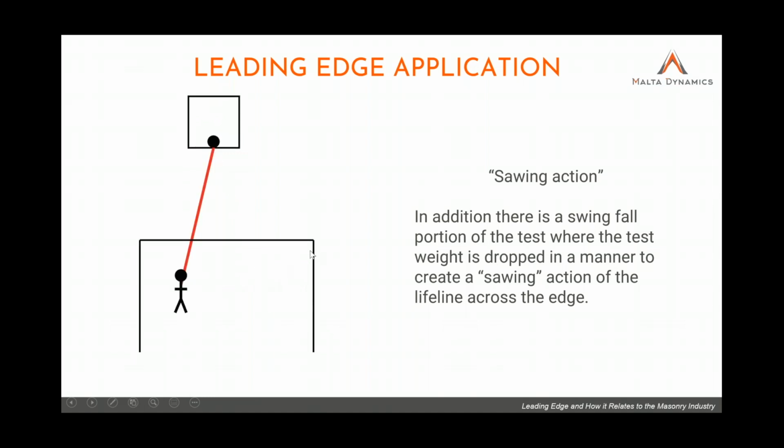Well, when you have a leading edge situation and that cable line is coming into contact and swinging, imagine that cable running across the edge of whatever it is. So that creates a sawing action, all right? And there's the weight of the worker putting additional forces into play, and during that swing fall process, you can literally saw that line off. That is why most companies do not allow any web retractables to be used in leading edge applications.